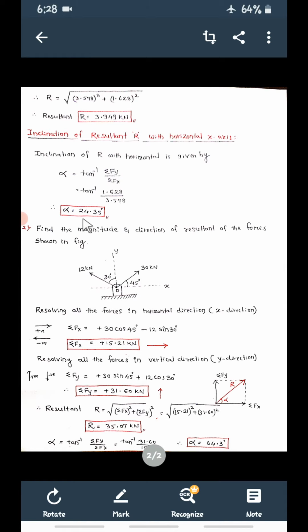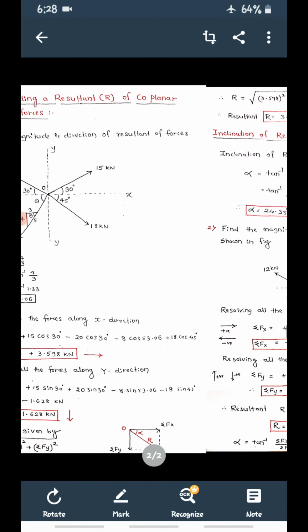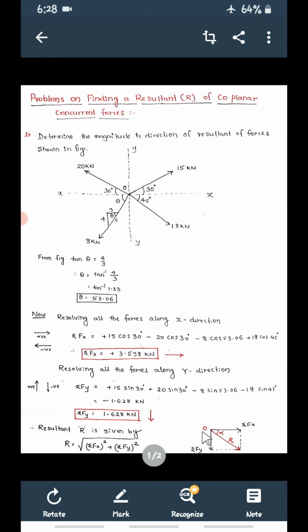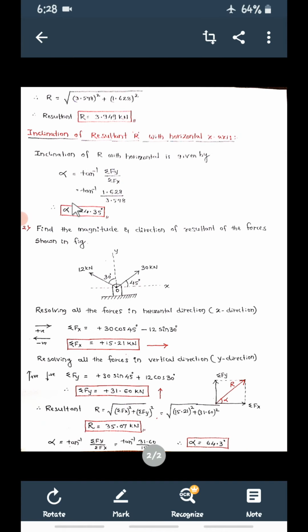So alpha is equal to 24.35 degree. Means the resultant will going to make an angle of alpha, that is 24.35 degree. So this is the resultant and this is the inclination or the direction. So this is first problem.